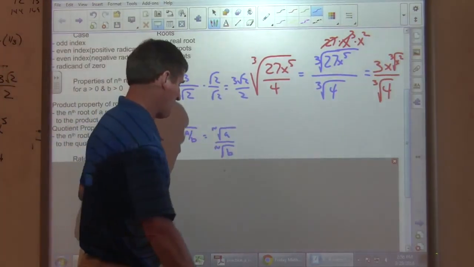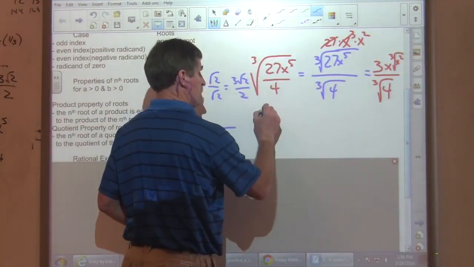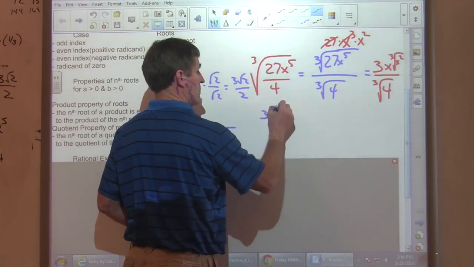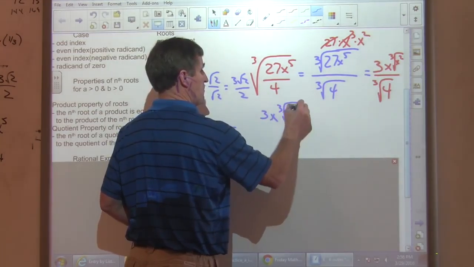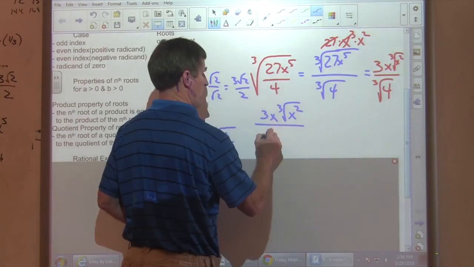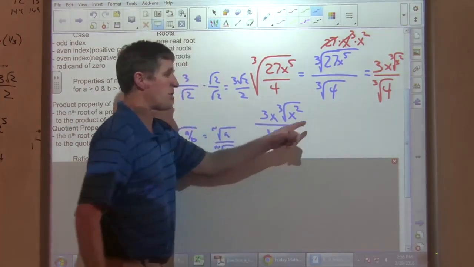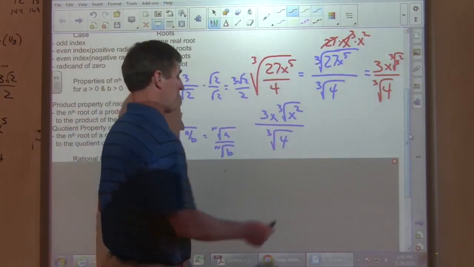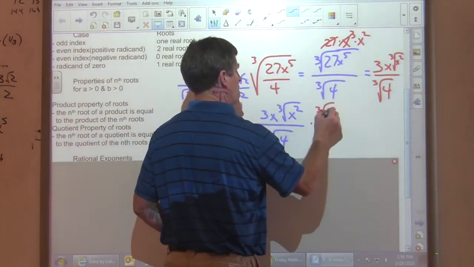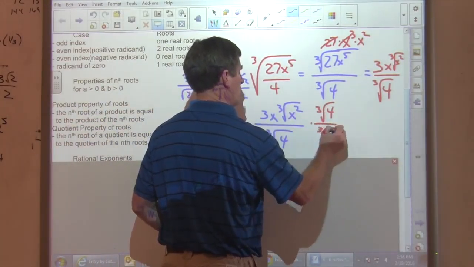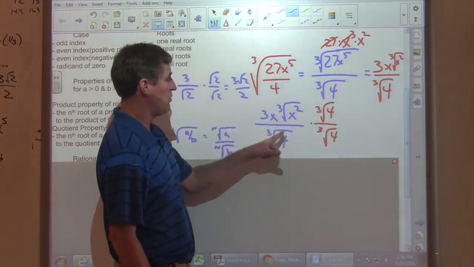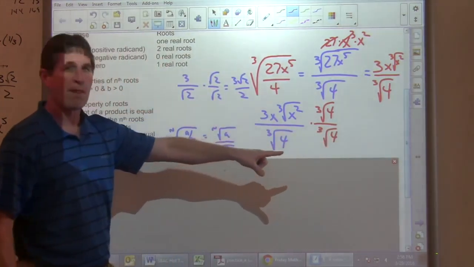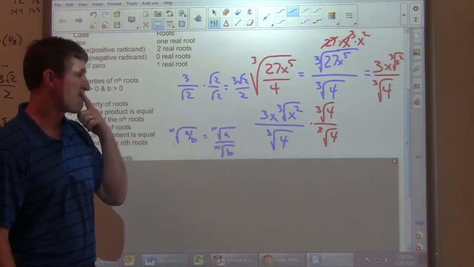So what I get from people when they first start doing this, they want to multiply by the cube root of 4 over the cube root of 4. But if I do that, look what happens. On the bottom I get the cube root of 16, and we can't take the cube root of 16.